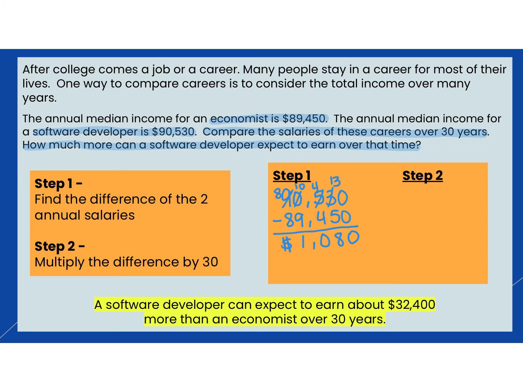Next, we'll multiply this difference by 30, the amount of years that we're calculating the lifetime income. So we'll set up our multiplication problem and multiply.